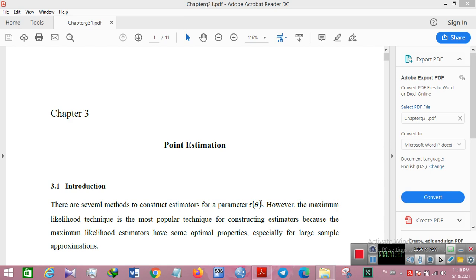The reason that we use this technique is that the maximum likelihood estimator has some optimal properties, especially for large samples.